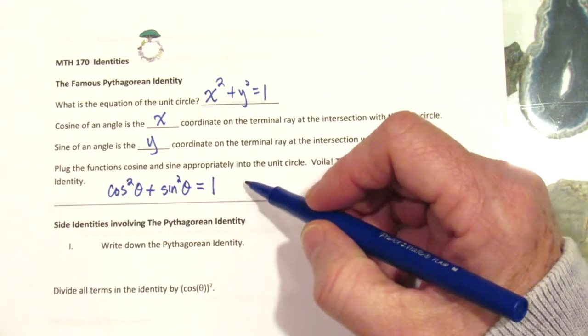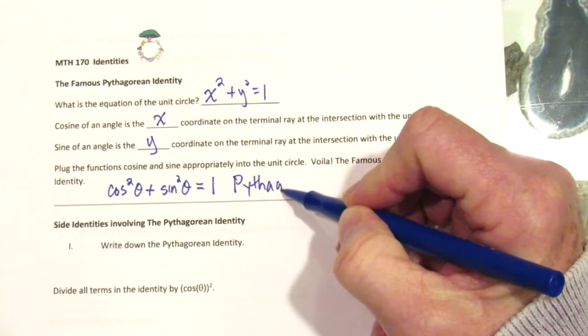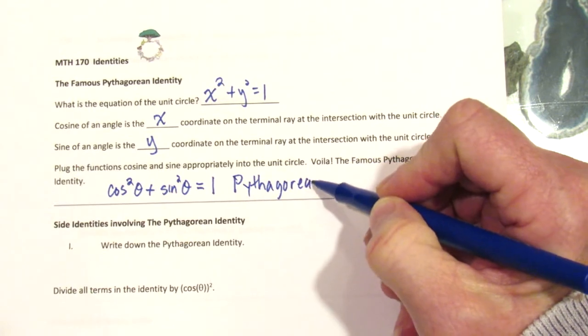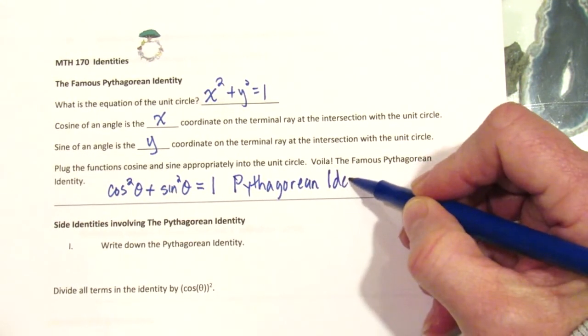So this identity is an important identity called the Pythagorean identity, because it basically is true because of the Pythagorean theorem.